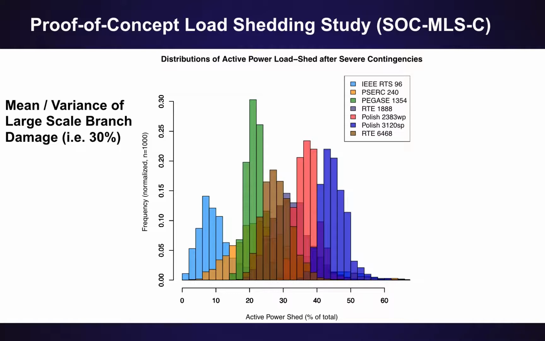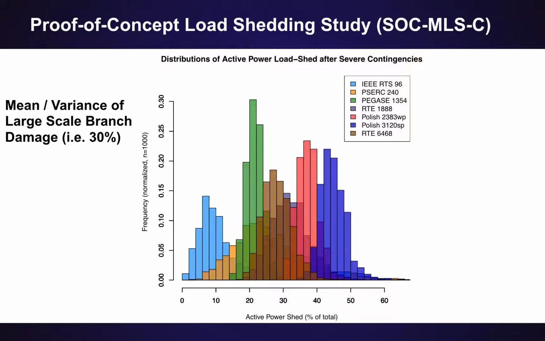The interesting thing here is that both the mean and the variance of these large-scale branch damage cases is quite different in all these different networks. You can see the width of the distribution is very different in different networks. Also, the mean value is very different.